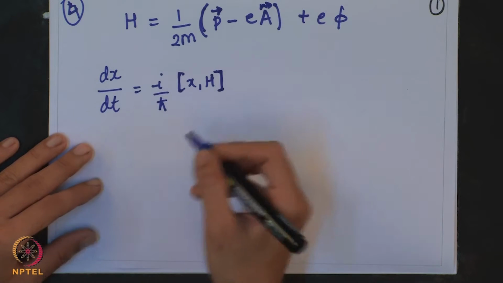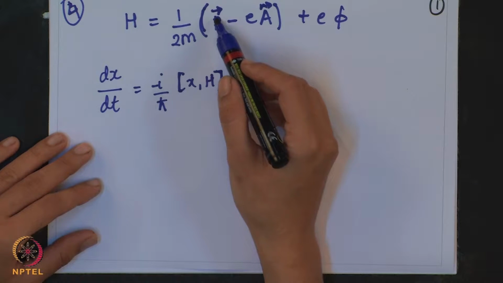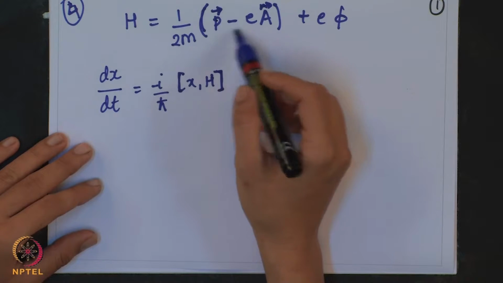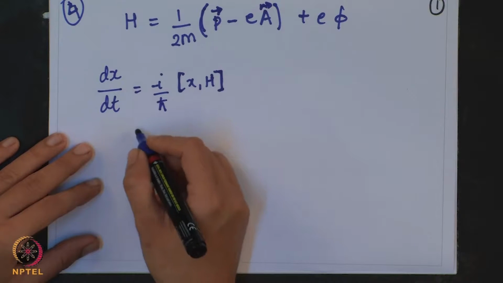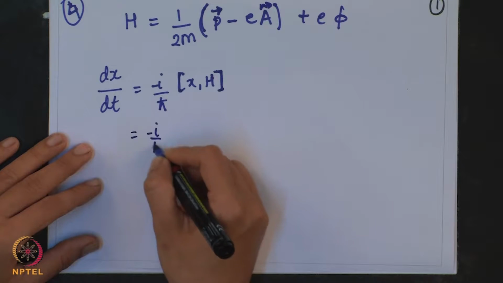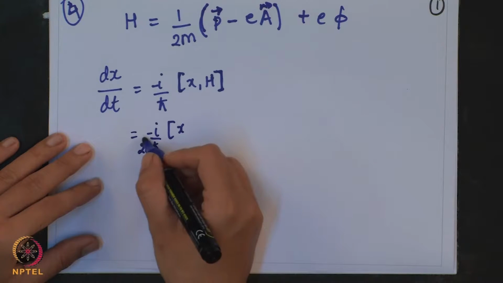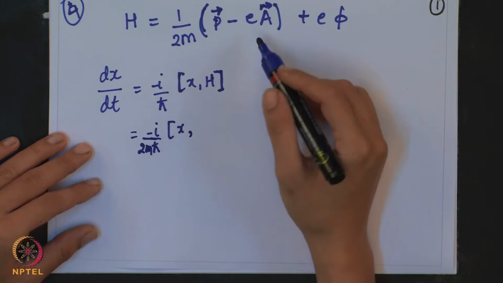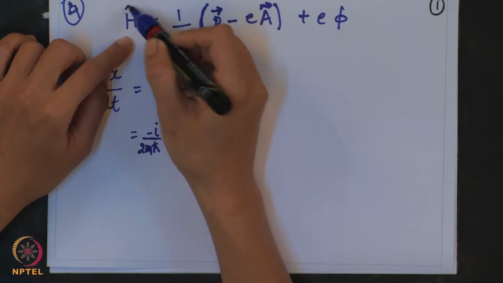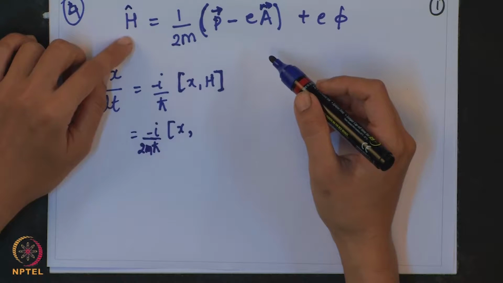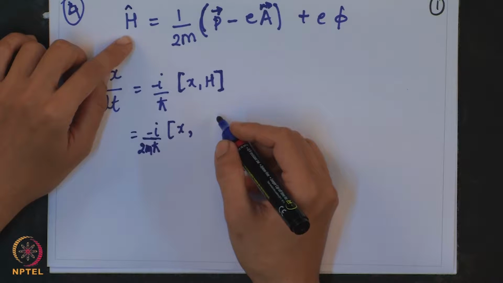We can evaluate this by substituting H over here, which you can write in terms of the three directions px, py and pz. When I write this, what do I get? I h cross, x, I will have a 2m which I can take outside, and when I use this Hamiltonian operator and try to evaluate it, I can write px, py and pz separately.